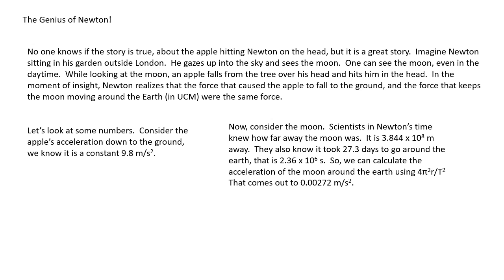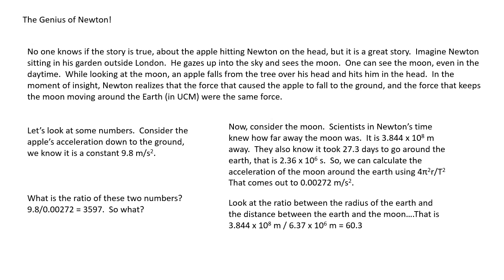Now, at first, the 9.8 and the 0.00272 really seem to have nothing in common. But if we take a ratio of these two numbers, the 9.8 divided by 0.00272, we get about 3,600. So what? What's so important about that? Well, if we look at the ratio between the radius of the Earth, that would be the distance from the center of the Earth to the surface, and the distance from the center of the Earth to the center of the moon, we find that that ratio turns out to be about 60.3.